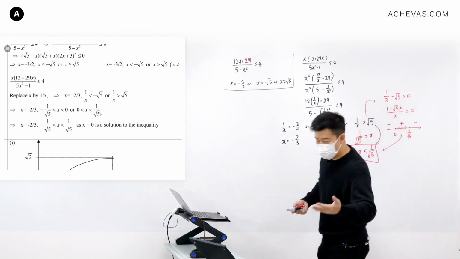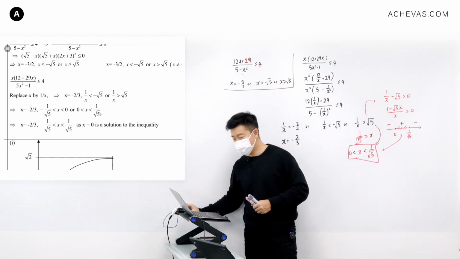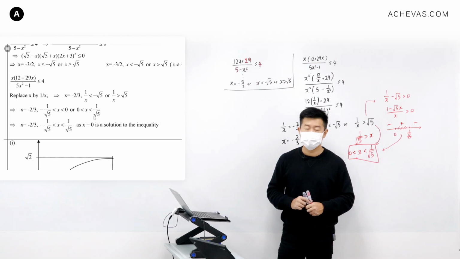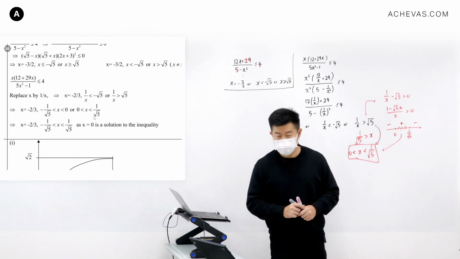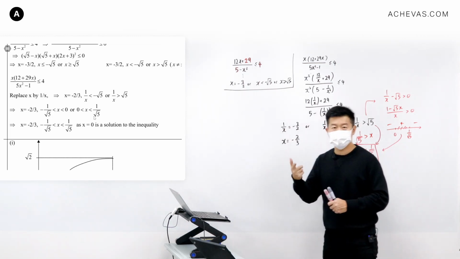Anyone can give me your opinion? Why is it that you can just by reasoning say that this is this? Can you think about it? You can use logical reasoning.